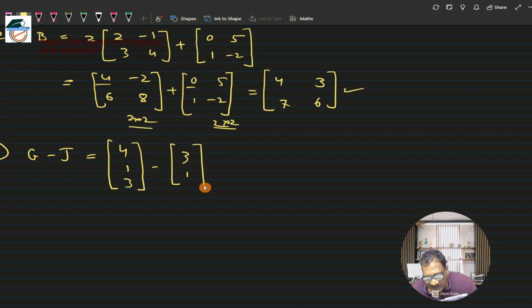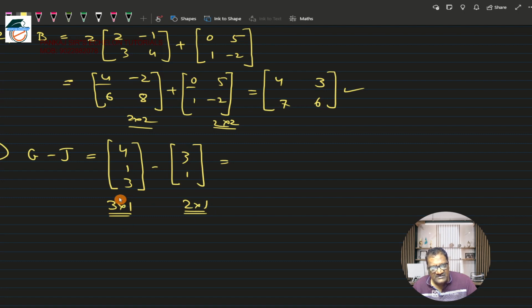Now here you will not be able to do this subtraction. The reason is this matrix is of 3 by 1 order, 3 rows and 1 column, and this matrix is of 2 by 1 order.